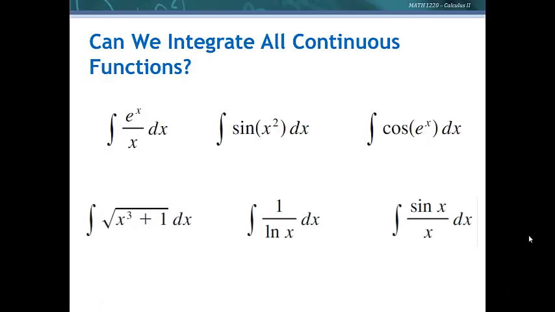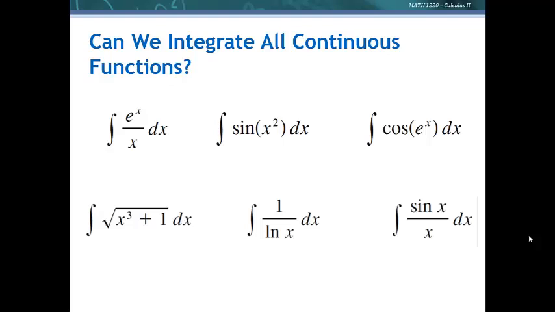Actually, the majority of functions don't have elementary antiderivatives. Now, a lot of the functions that we need to work with are elementary functions that have elementary antiderivatives. What do I mean by an elementary function?